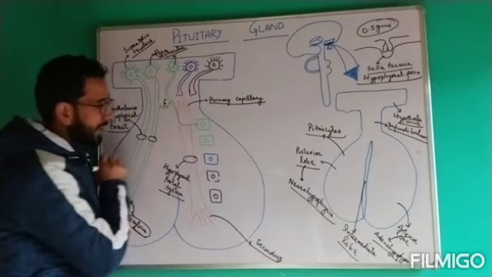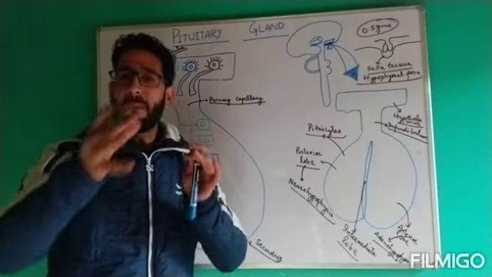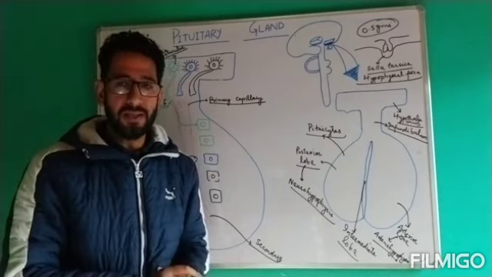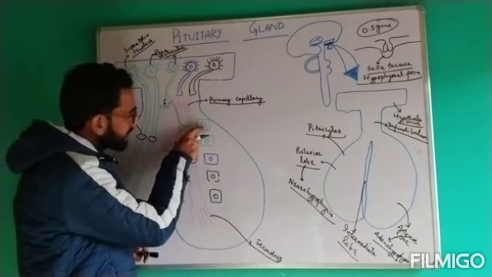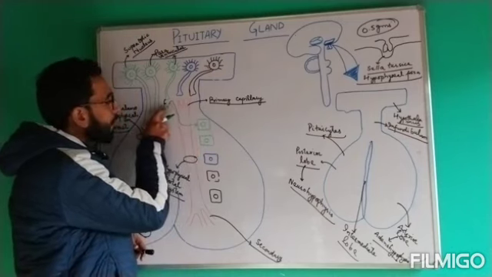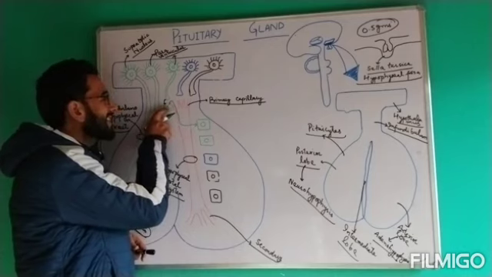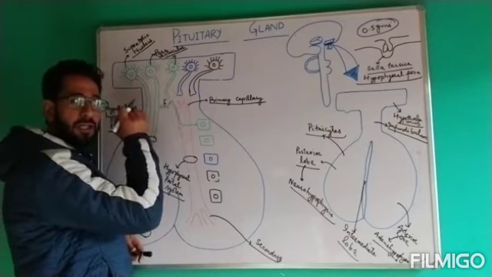I have told you that the anterior pituitary is made up of glandular epithelium. So there are so many secretory cells present in the anterior pituitary, and one of the cells is right here, which will be stimulated by this corticotropin releasing hormone. This corticotropin releasing hormone is secreted by the hypothalamus, and which nucleus of the hypothalamus?